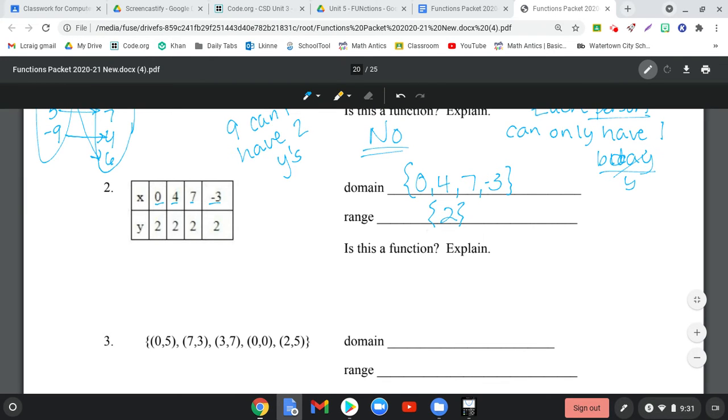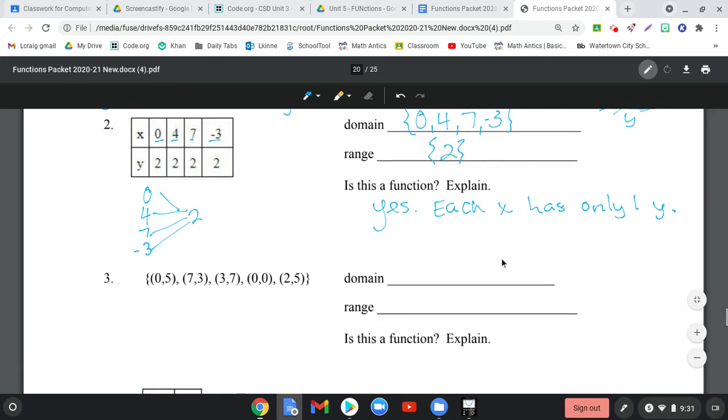So if I look at this, if you wanted to make a quick mapping diagram, basically everything would just go to 2. That's okay. Every X goes to just one Y. So each X has only one Y. Each person has only one birthday. It's okay that they all have the same birthday.